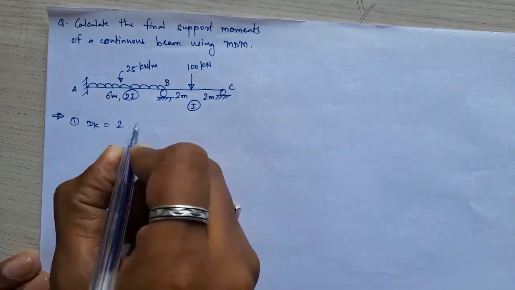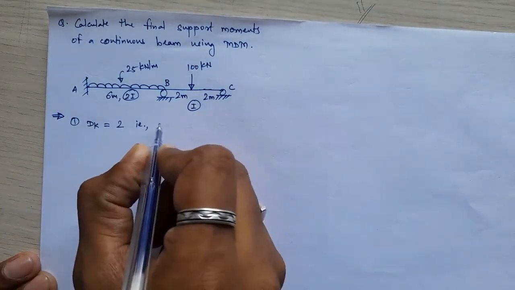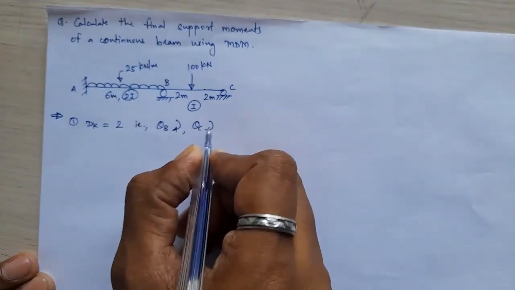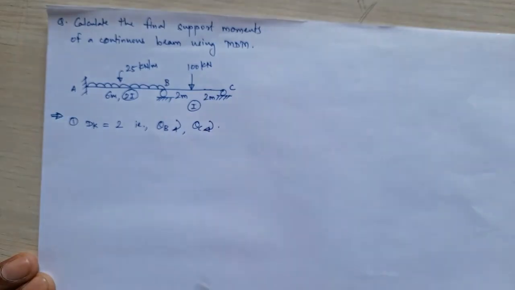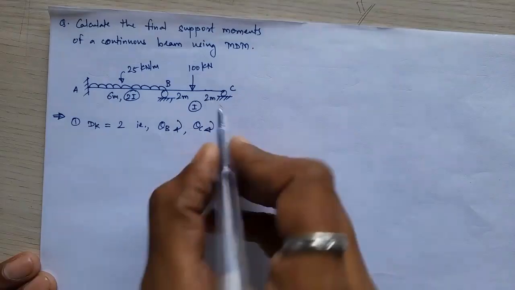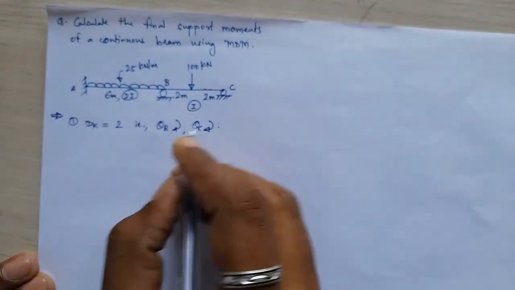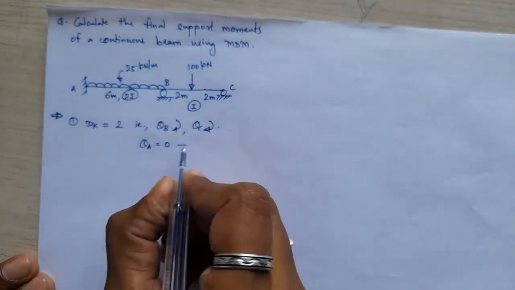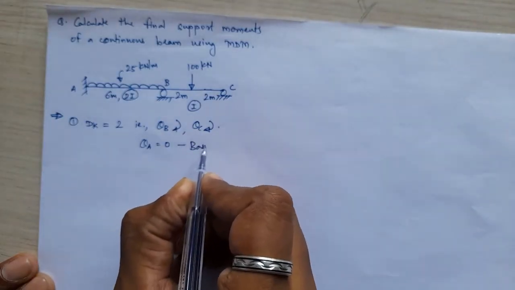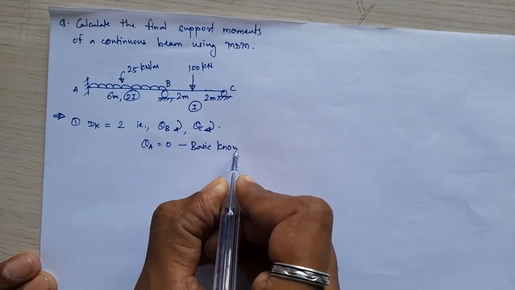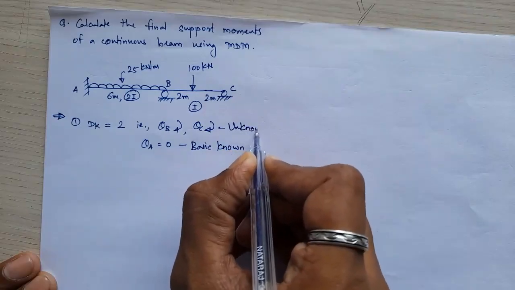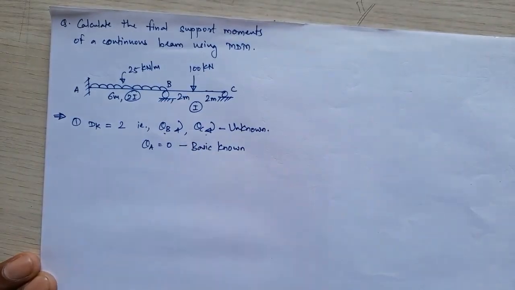So total DK I am getting here is equal to 2, that is theta B clockwise rotation and theta C, initially assuming those rotations in the clockwise direction. These two will be my basic unknowns. The basic known value is theta A equal to 0, while the basic unknown values, which you have to calculate, are theta B and theta C.